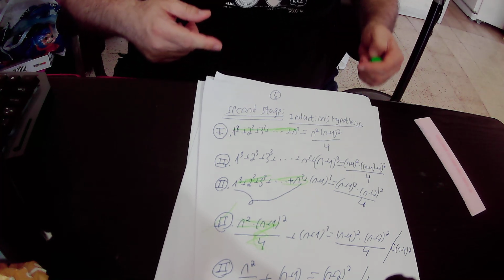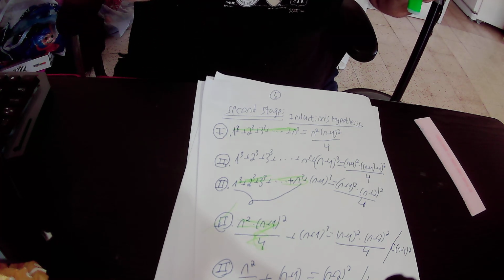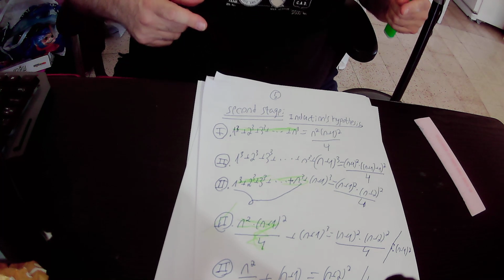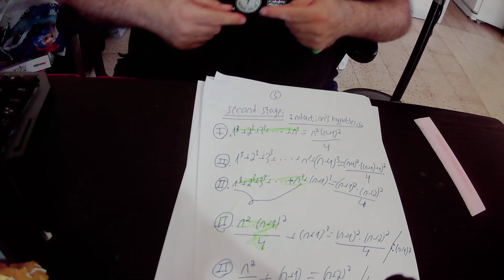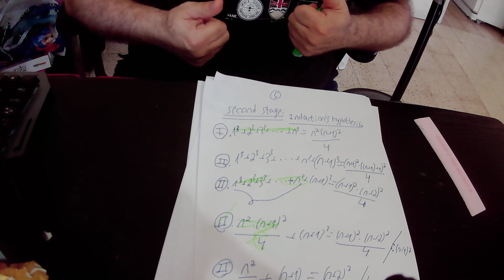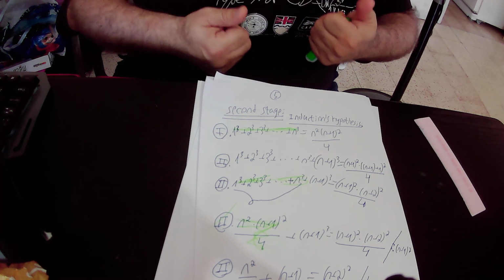numbers. Why? Because in the first stage, we proved it for n that equals to 1. And then in the second stage we proved that if it is true for n, it also must be true for n plus 1.